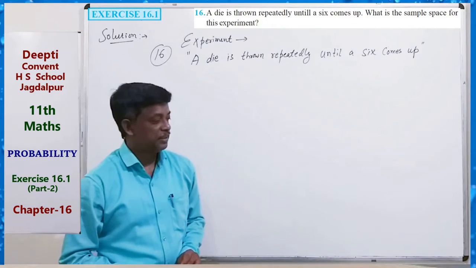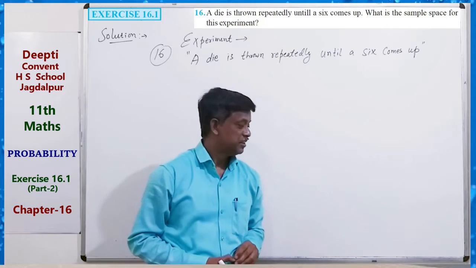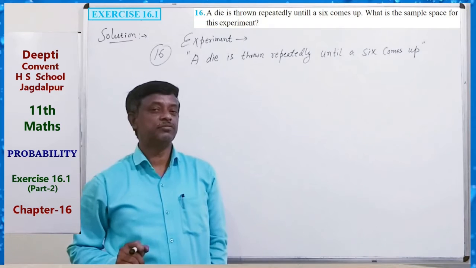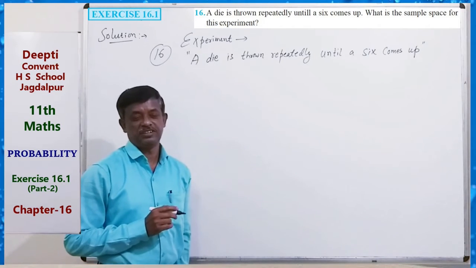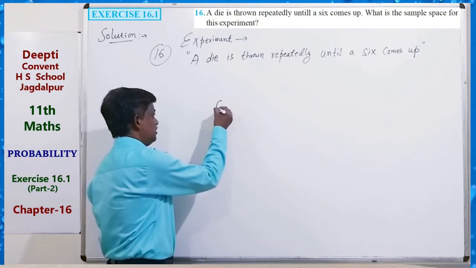Clear? Until 6 comes. If in the first attempt we get 6, then our sample point or possible outcome will be only 6.